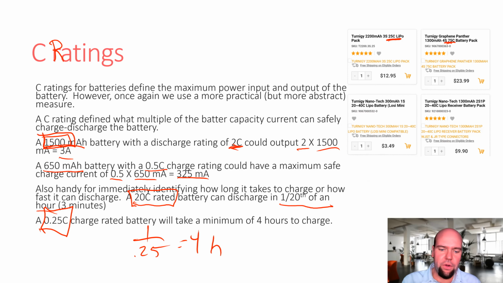That's 14.8 volts at 97.5 amps. Oof. So this thing is 1400 watts.